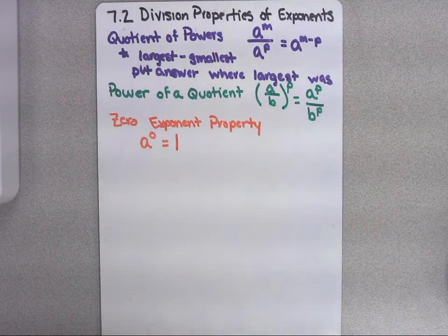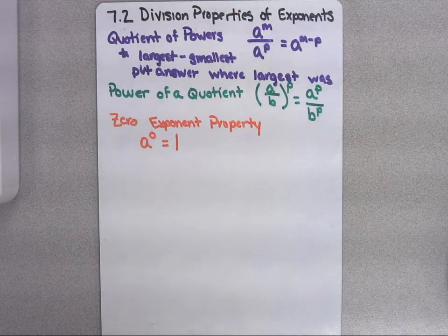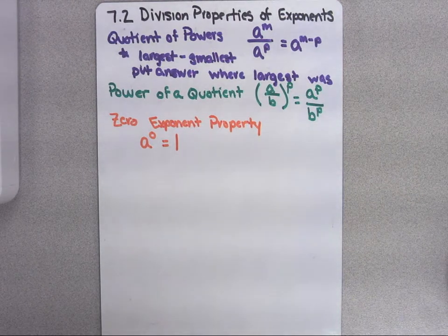Anything to the zero power is one, unless you're trying to use your elbows. It's still one. Well, that's because you can't use zero. Zero is not considered a number, it's a neutral number.